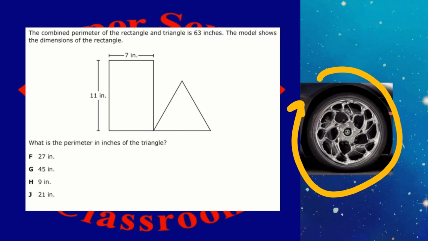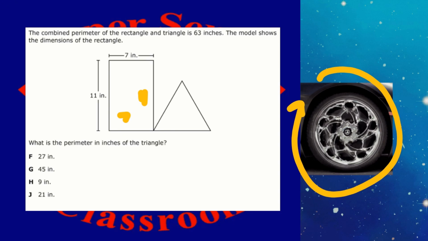So I see that it's 11 on this side and 7 on this side. If top is 7, that means bottom is 7. If left is 11, that means right is 11. What is the perimeter in inches of the triangle? So they want to know the triangle.